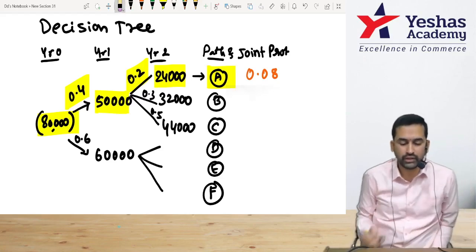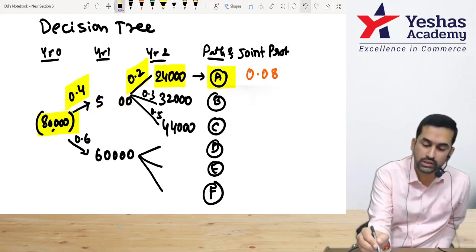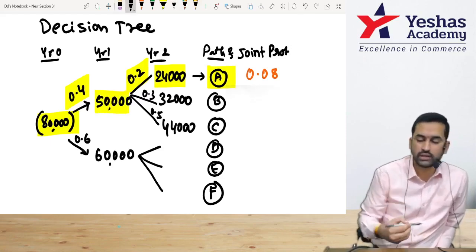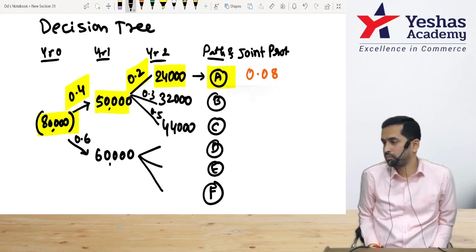Can be either 50,000 or 60,000. Probability of that is 0.4 and 0.6.